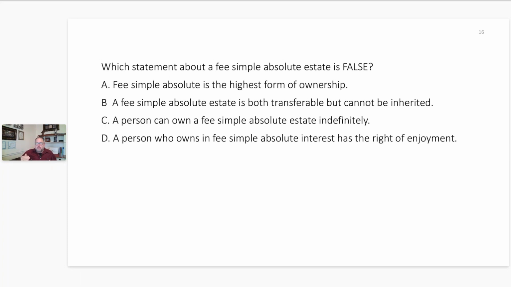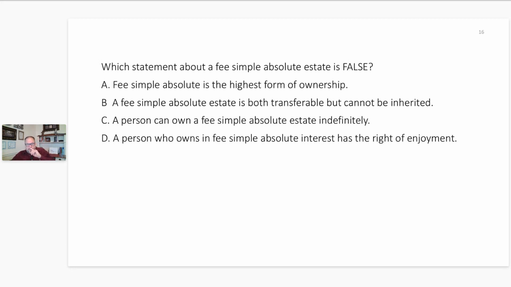I can do whatever I want with it, which means I can leave a will for someone to inherit it. So the fact that it says it cannot be inherited makes it false, because you can inherit under fee simple absolute.